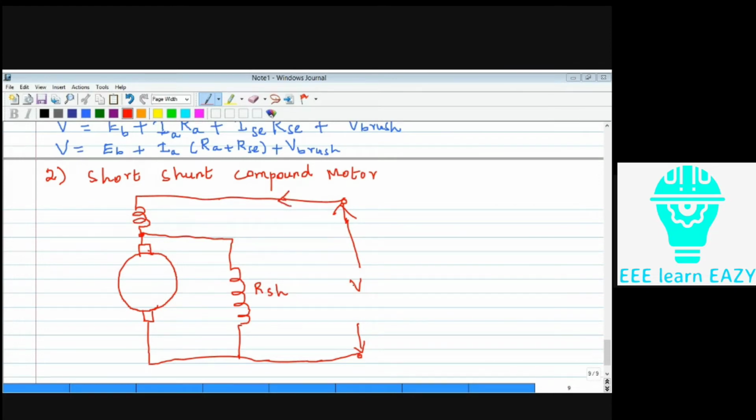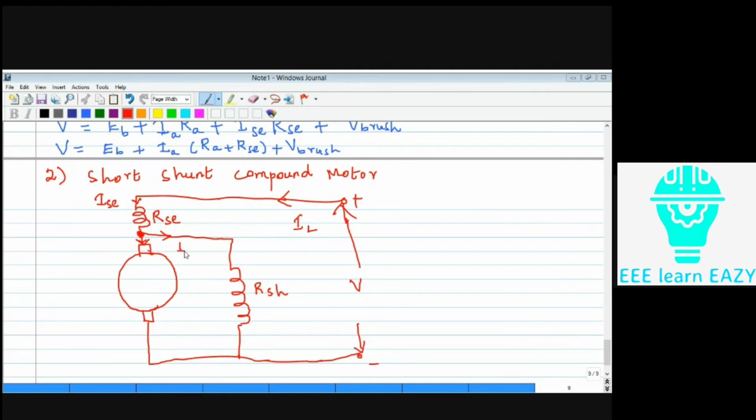When you give the supply voltage V, the motor is going to draw current IL. When this current goes here, this is our series field winding. Let's say R series is the resistance of the series field winding, and the current going into it we call I series. After this point there is a junction or node, and the current gets divided into two.